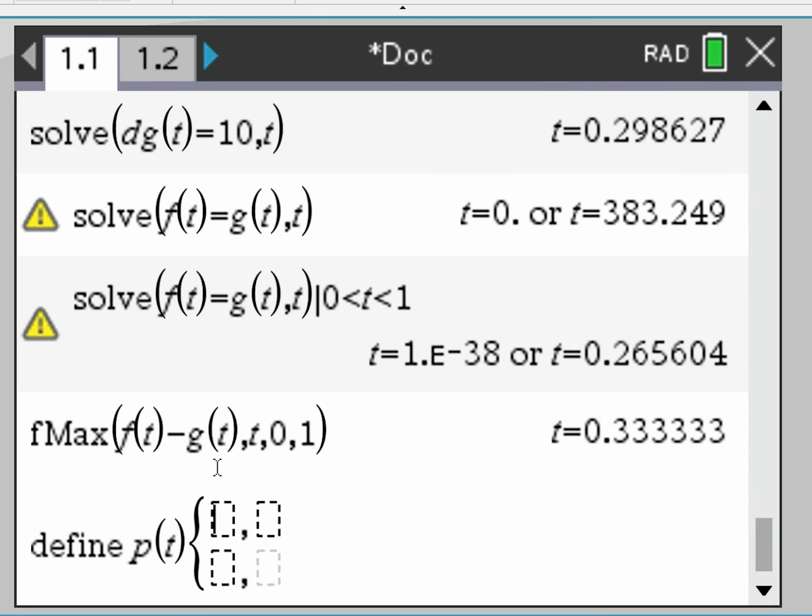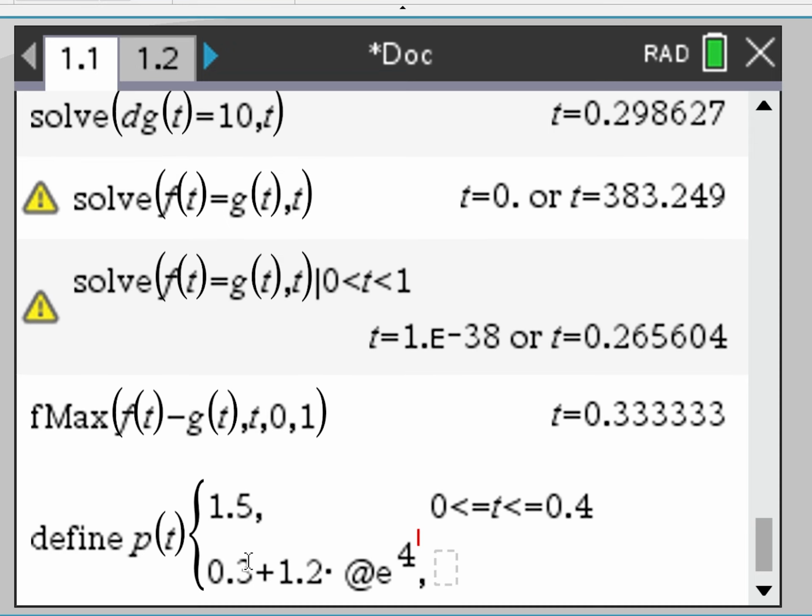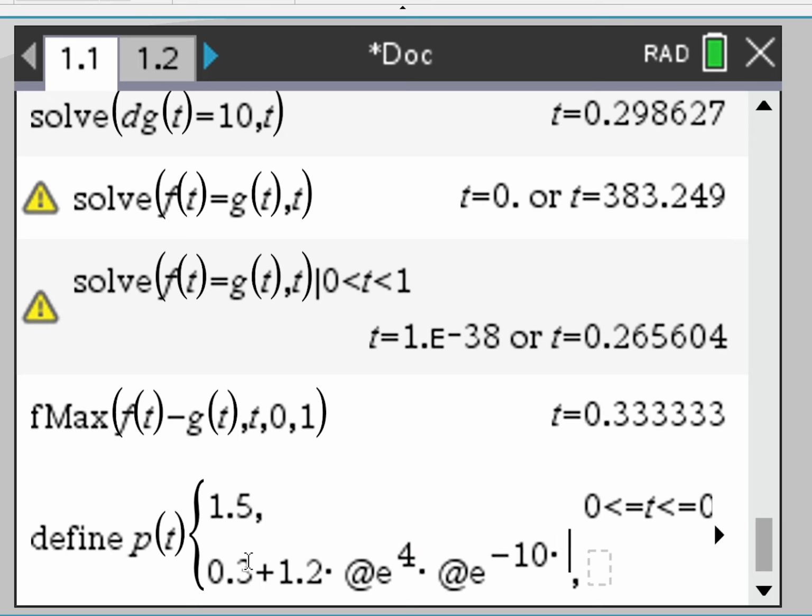And this one, you get 1.5, and our domain is 0 less than or equal to t less than or equal to 0.4, and 0.3 plus the A value, which is 1.2 times e to the power of 4, so that's the A value times e to the power of minus 10 times t, and that has to be t greater than 0.4.